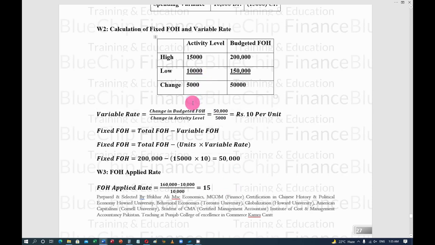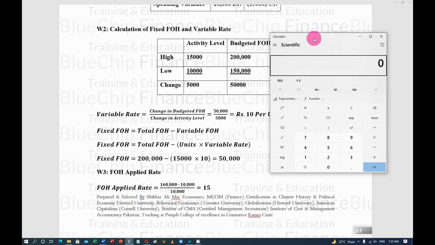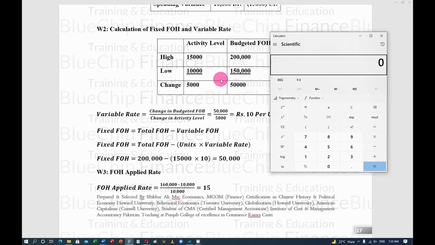Alternatively, you can calculate it another way. For example, at this level of activity, your variable rate is 10. So 10,000 multiplied by 10 equals 100,000, or 0.1 million. If the total budgeted FOH is 150,000, your variable FOH is 1 lakh.